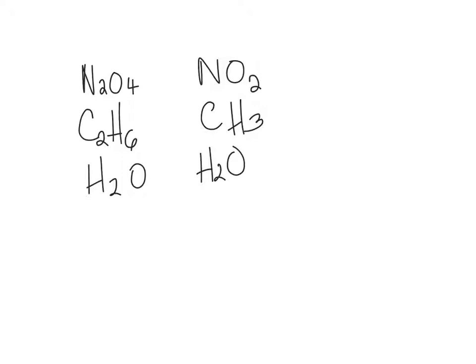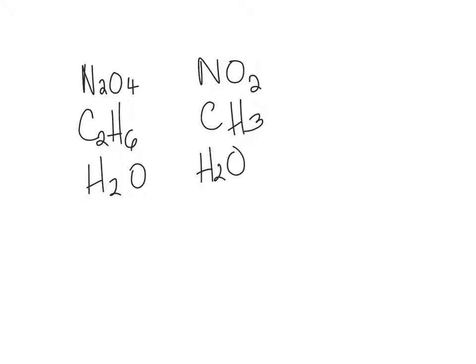Then you divide the moles by the smallest number of moles, and that gives you the ratio of atoms to other atoms in the compound. Okay? So these subscripts. Write the empirical formula using the element symbols and the ratios as subscripts.